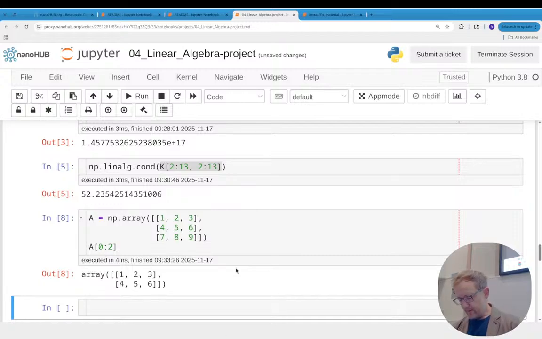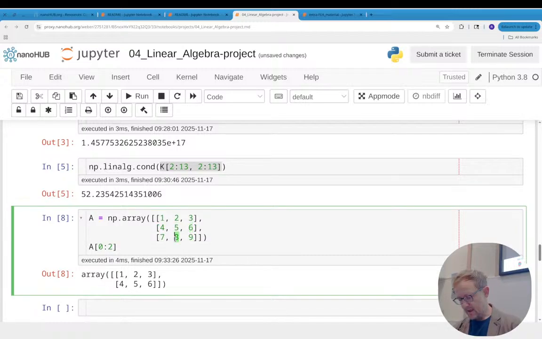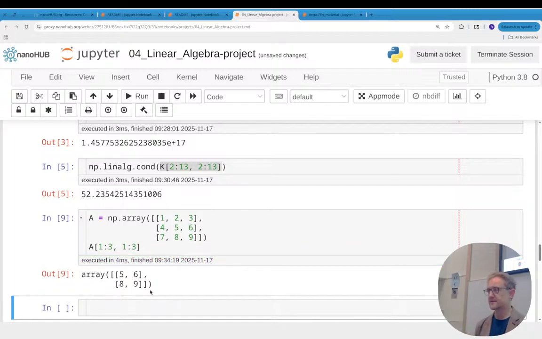What if I want 5, 6, 8, 9? How do I get that? There should be a way, right? 1, 3, 1, 3. Like this. 5, 6, 8, 9.